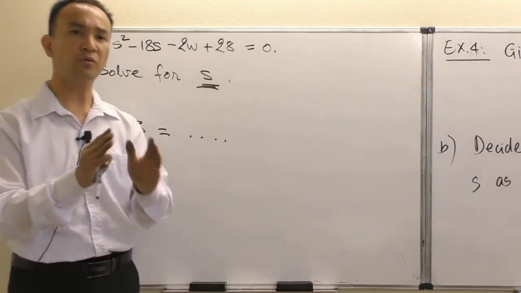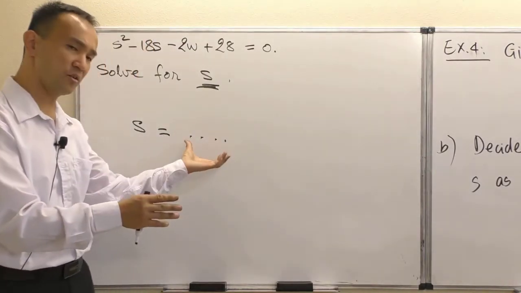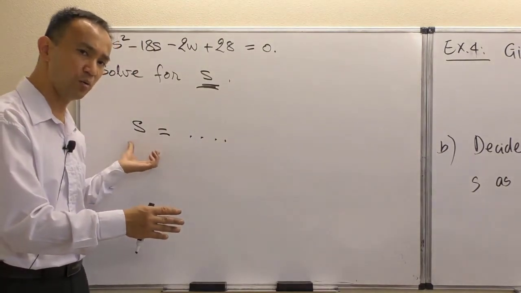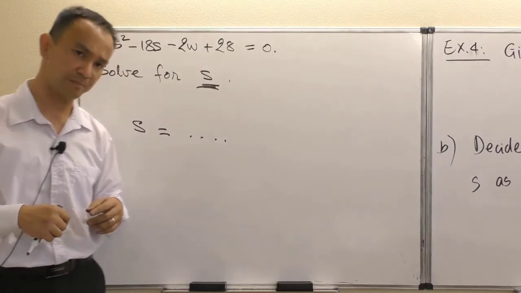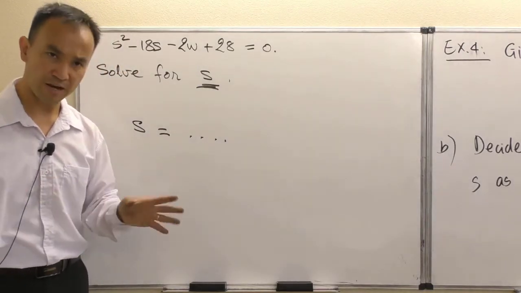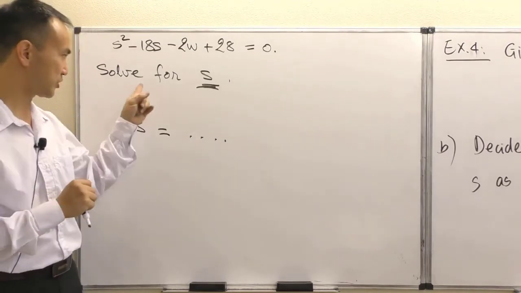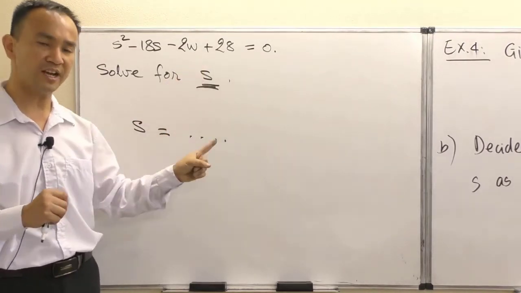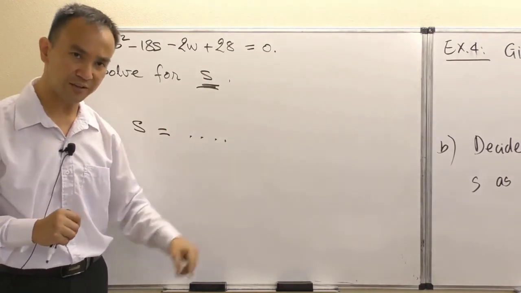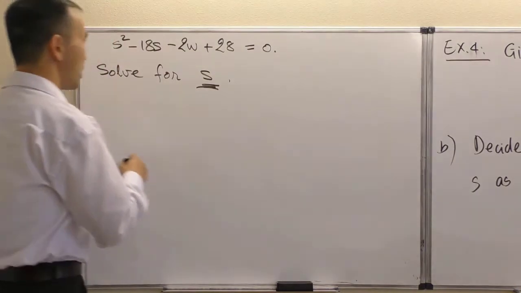As long as we reach exactly one expression that equals S, we say yes, it's a function. Otherwise, if it's two expressions, and it all depends on your algebra skills from your previous course, in terms of solving from an equation for one variable as an expression involving the other variables.